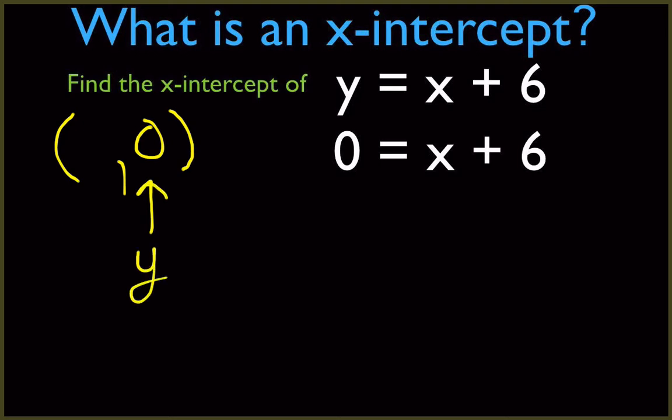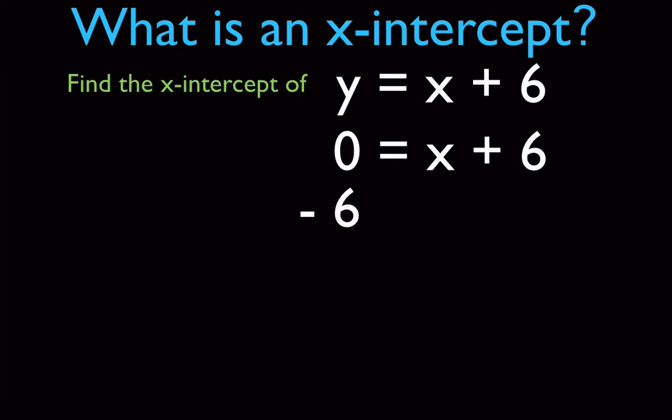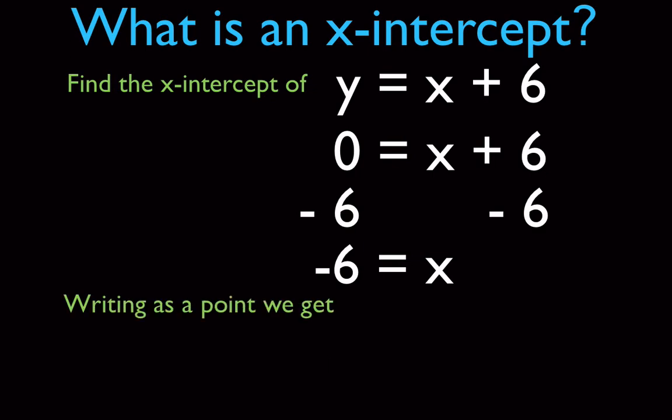So if we're looking at it that way, it leads to substituting in 0 for y every single time. From there, the arithmetic's pretty easy. We would subtract 6 from both sides, which would leave us with x equals negative 6. And we could then write our point as negative 6, comma 0, because every x-intercept will be of the point something, comma 0. So pretty simple.